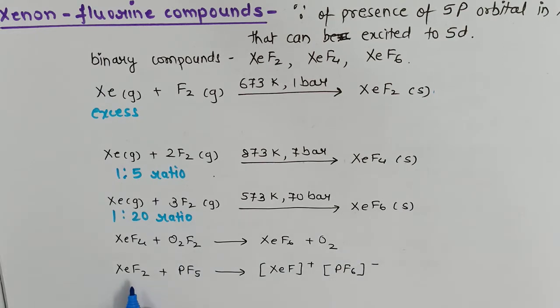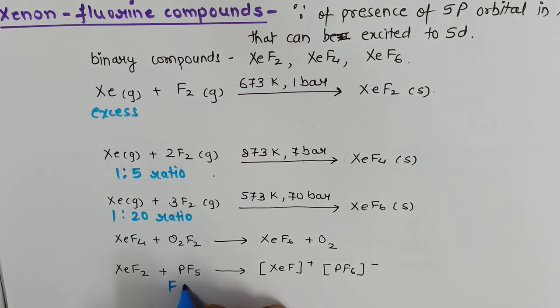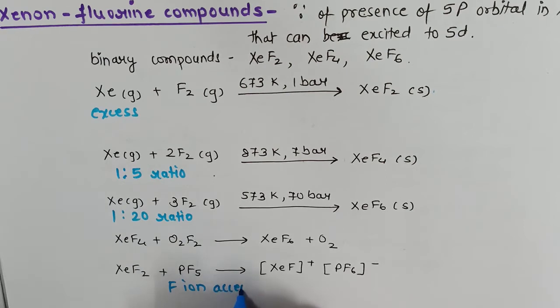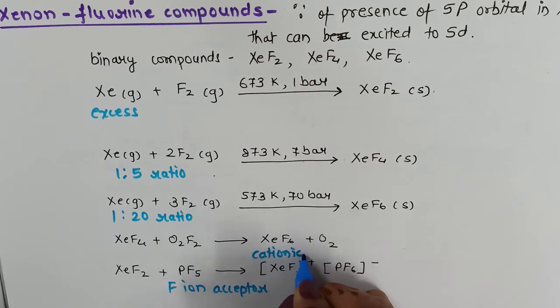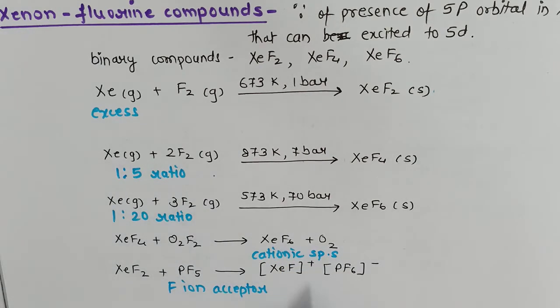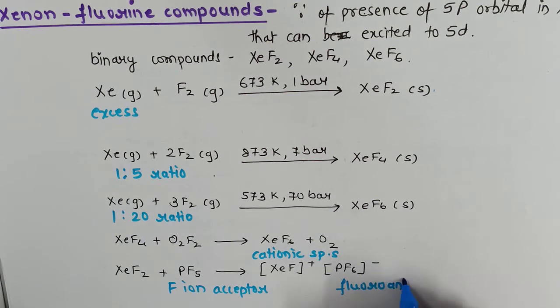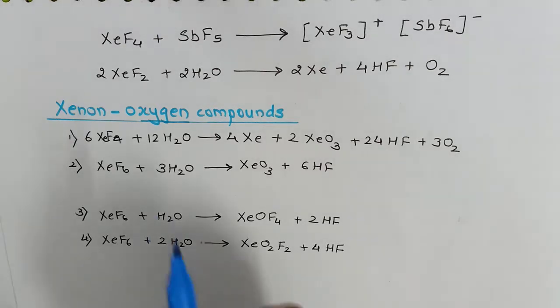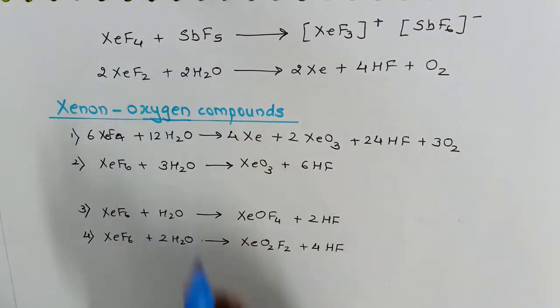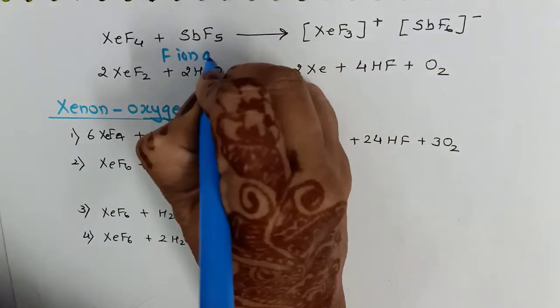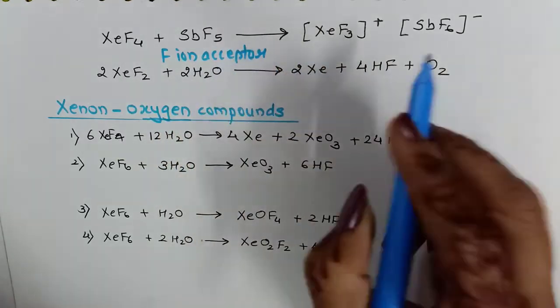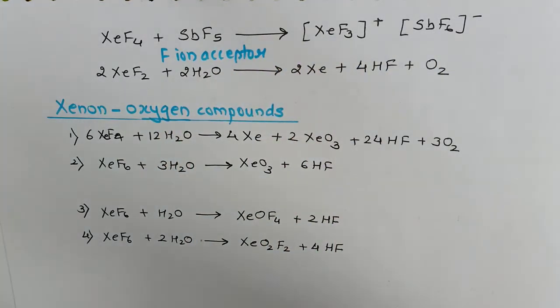For example, when xenon difluoride reacts with phosphorus pentafluoride, which acts as fluoride ion acceptor, one cationic species will be formed, XeF, and PF6 minus, it will be fluoroanion. Similarly, xenon tetrafluoride reacts with antimony fluoride, where antimony fluoride will be fluoride ion acceptor, to form the cationic species and fluoroanion.